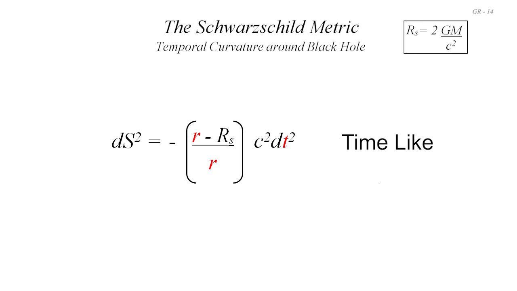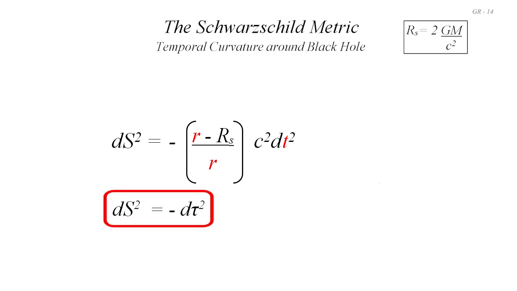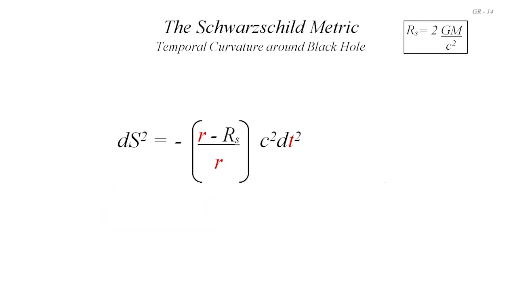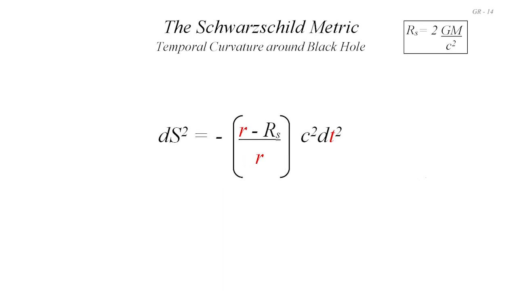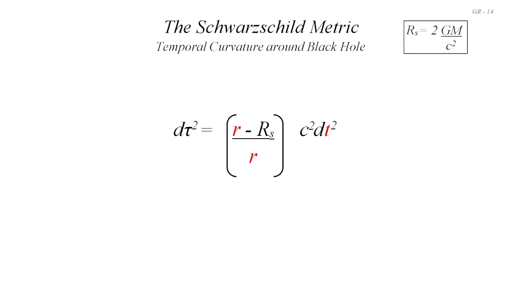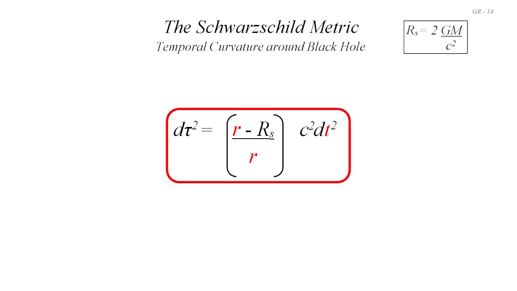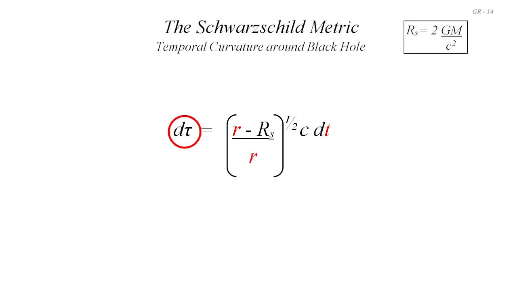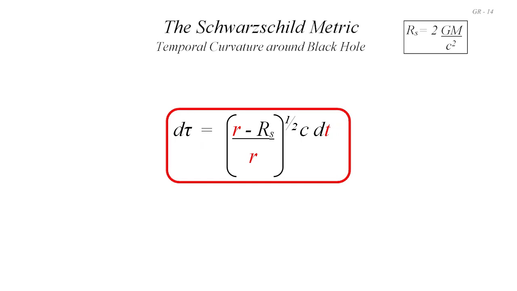It's really a measurement of the time difference squared. However, we know that we can always redesignate ds squared as minus d tau squared, and so we can write this time-like ds squared as a positive quantity, d tau squared, like this. If we then take the square root of all this, we can say that the proper time, d tau, and the measured time, dt, are related by this formula.